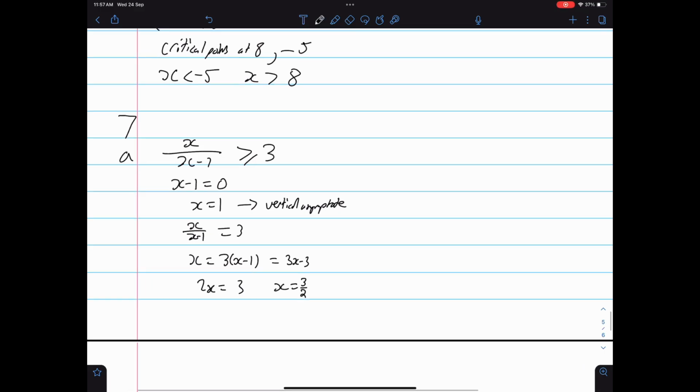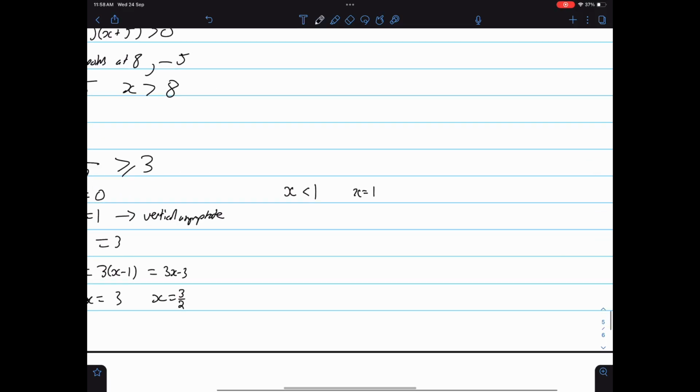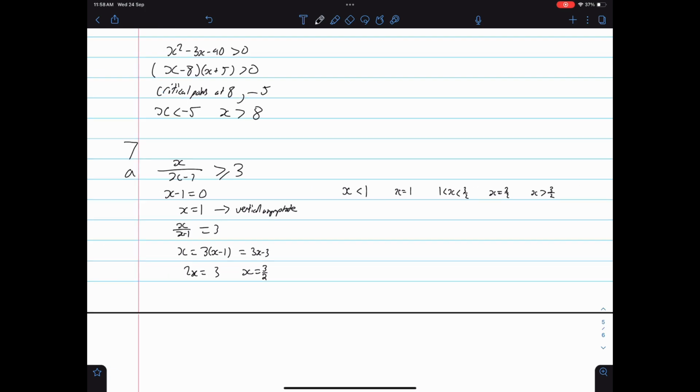So now we've determined the two critical points, the vertical asymptote, and the point where this graph will equal 3. And then what I would do is make a bit of a table, like this.